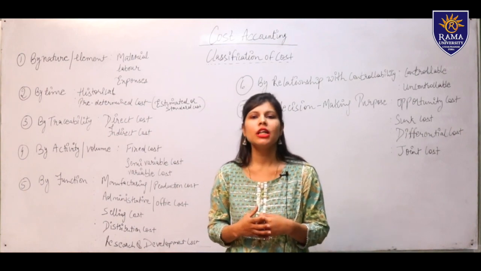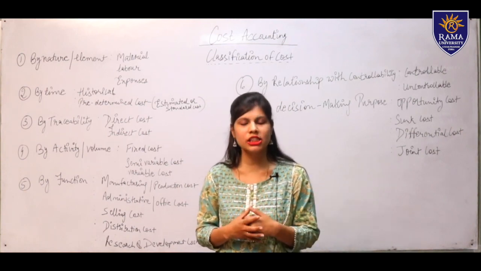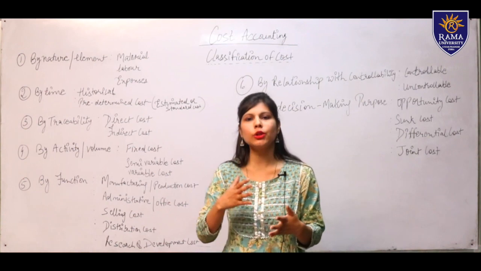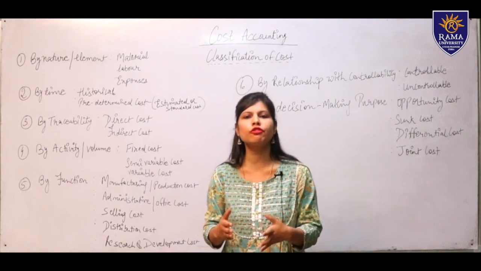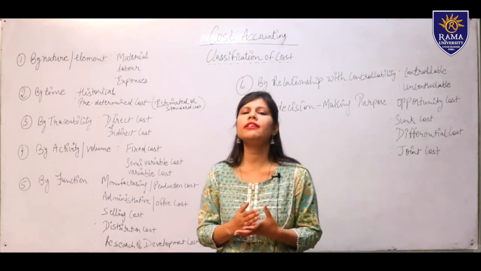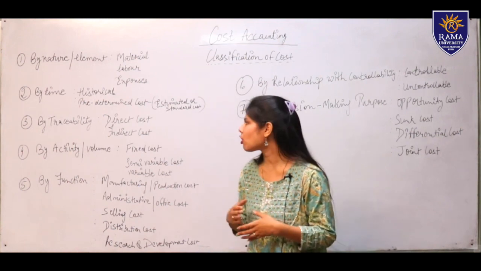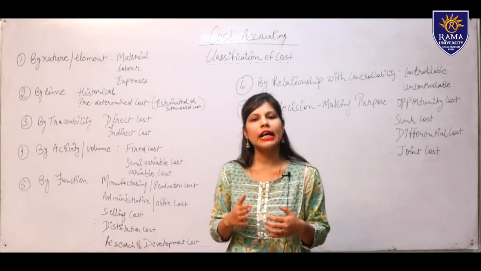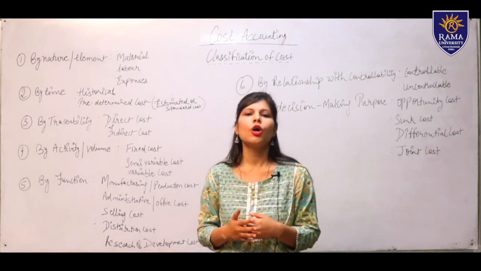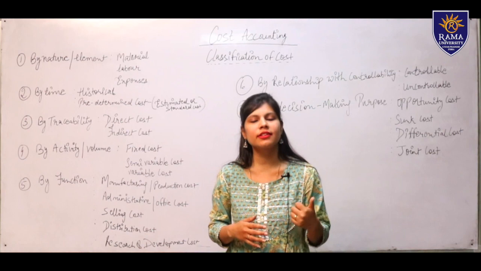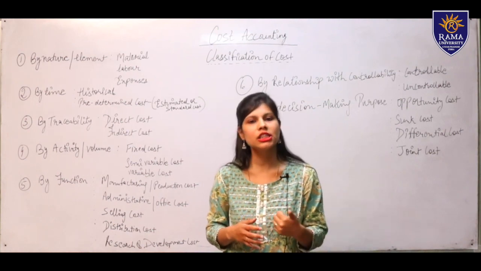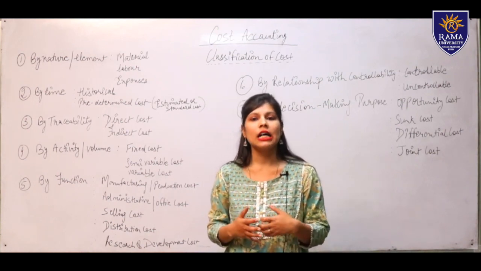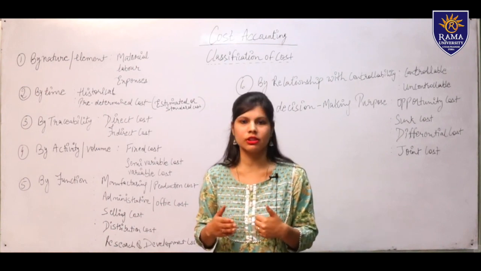For example, a special layout for any project can easily be determined that it is being used for this particular product. So these are called direct cost. And indirect costs are costs which are not directly or easily traceable with the product. Like we have discussed the example of our rent, which cannot be easily traceable for any specific product.